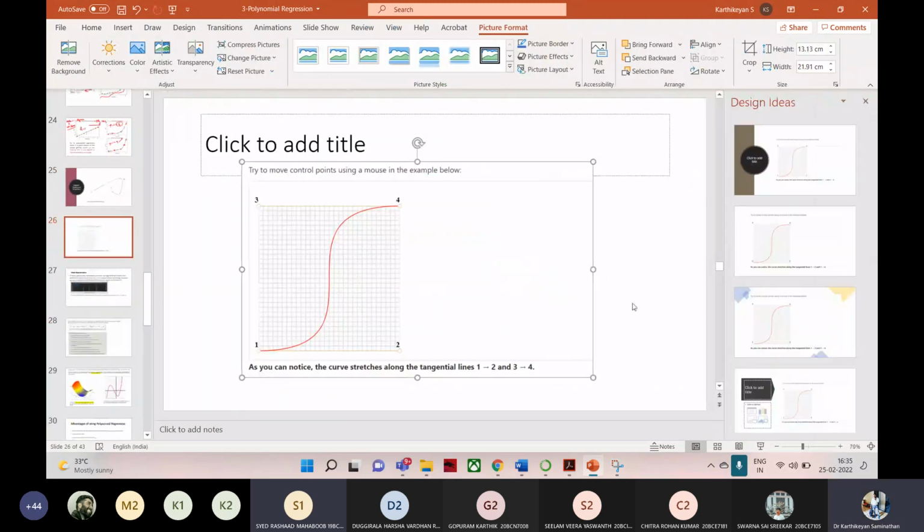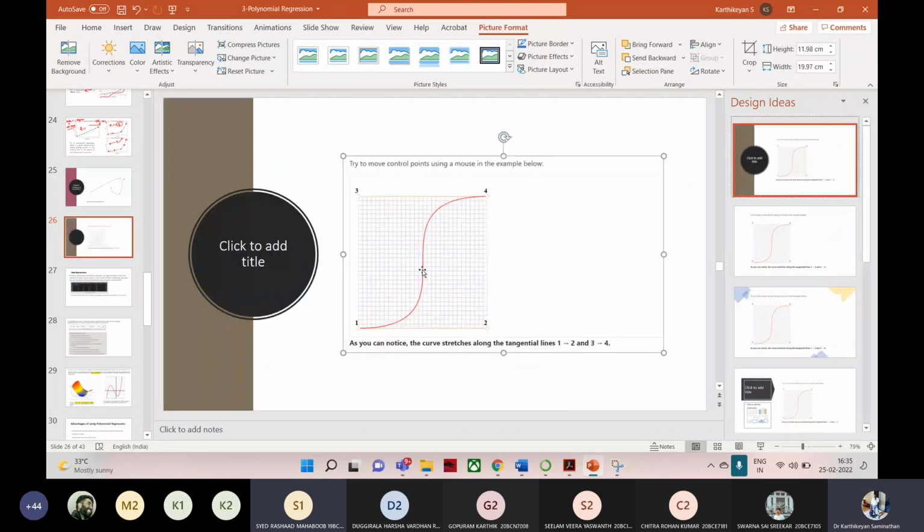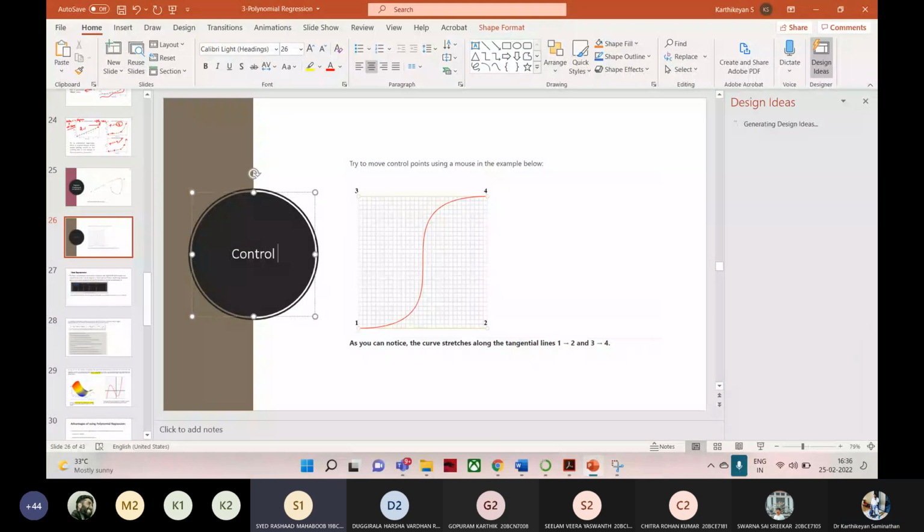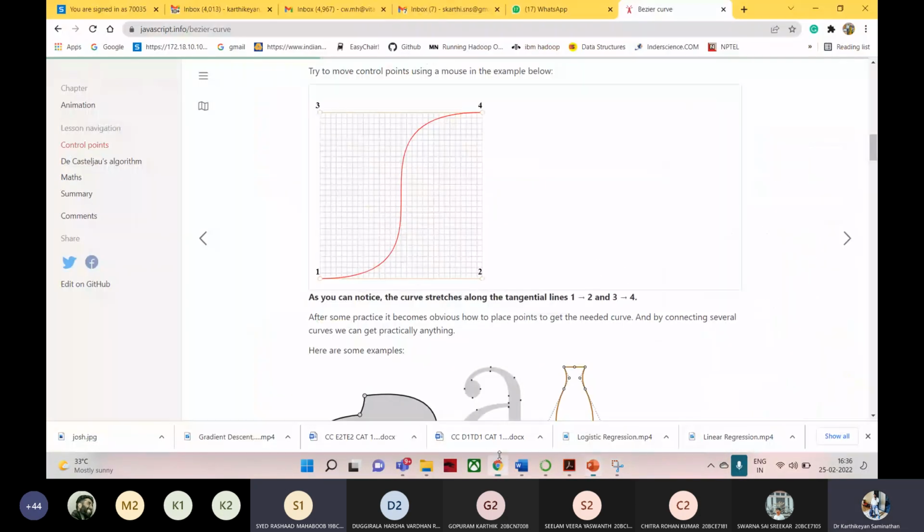See now, this bend is controlled based on this control point. Same, this bend is controlled based on this point, control point number 2. These are the control points, right? So that you can easily understand.